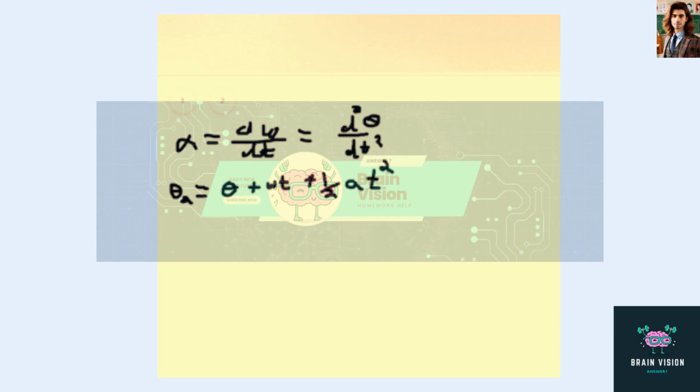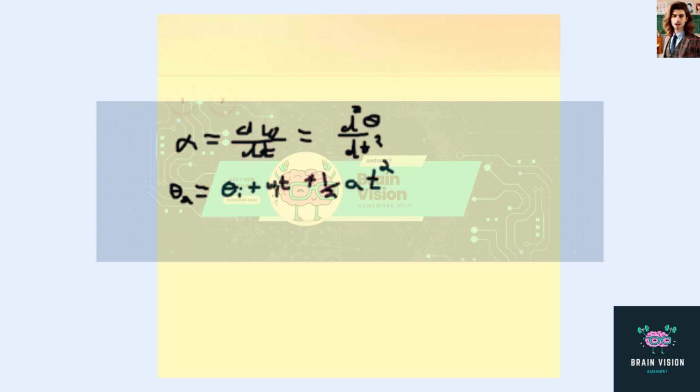So your second position in a time interval equals your original position plus your original velocity times the time difference between time 1 and time 2, plus half of your acceleration, which is constant over this time interval, times your time squared.